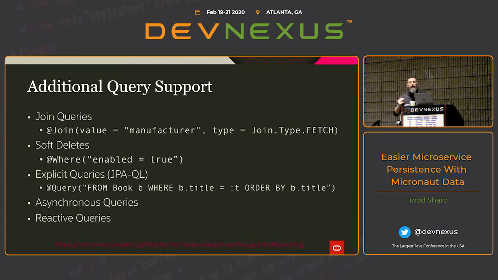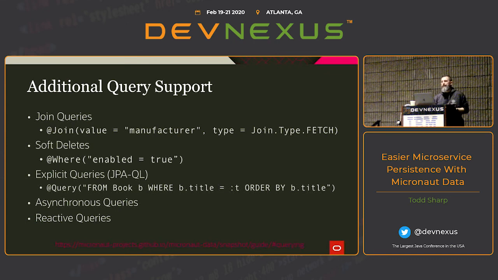You can say @Where and then the where clause for the active entities, so the default finds and find alls will honor that where clause and apply it to every single query that it runs. It's just nice, easy support for soft deletes. You can also override that, and if you wanted all your users, you just write a query for that.